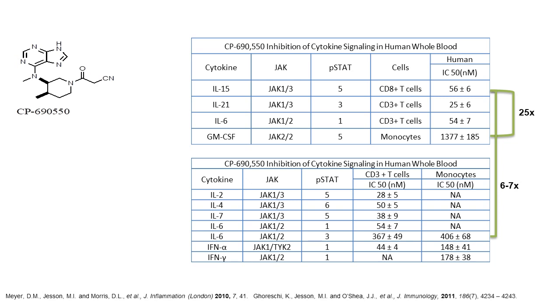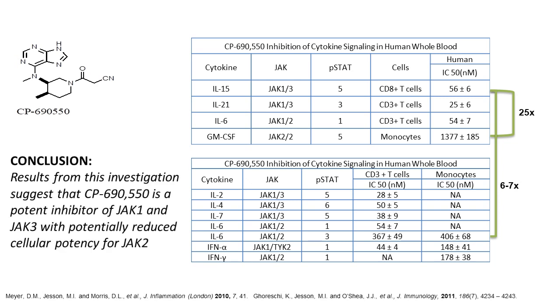From this publication, Meyer and Goreschke publication, this particular drug was actually concluded to be a potent inhibitor of JAK1 and JAK3 and potentially reduced cellular potency for the JAK2. And this is one of the drugs that is now available on the market. This is the way I hope that you can now understand how to read this particular publications and understand what is the difference between the JAKs.